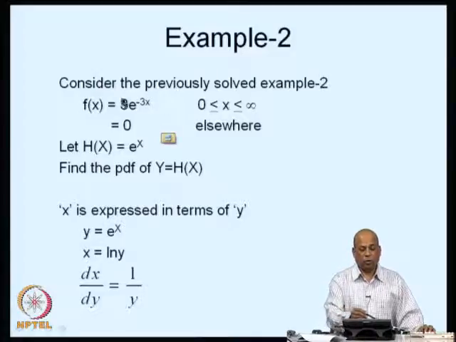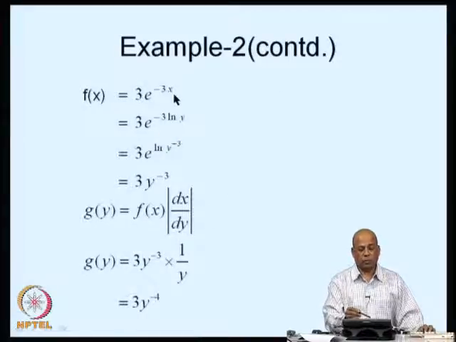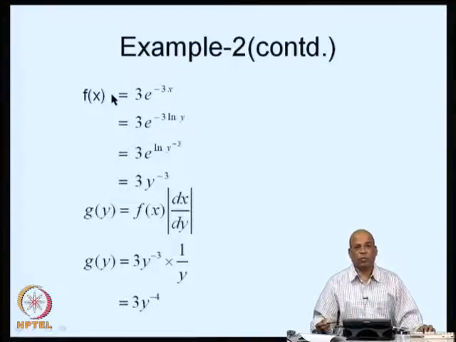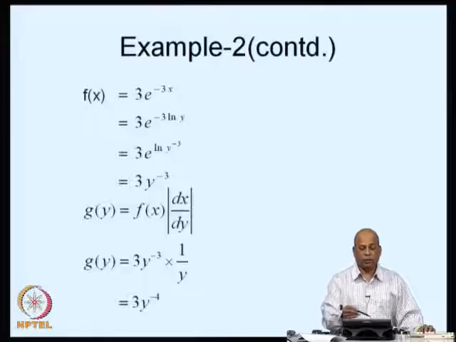Similarly, we have to express f of x also in terms of y is equal to e to the power of x. So, we express f of x, which is 3 e to the power minus 3 x, with x equal to log y, and you get f of x is equal to 3 y to the power minus 3.